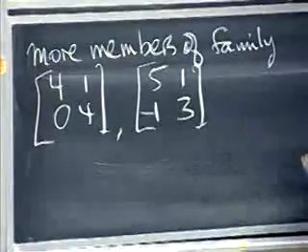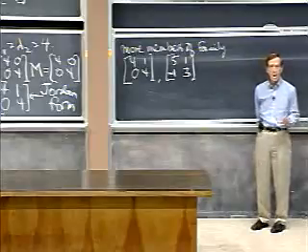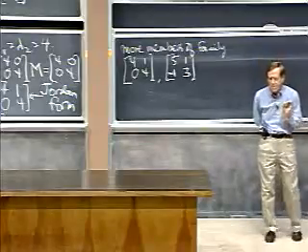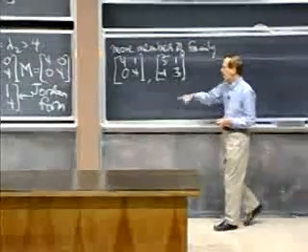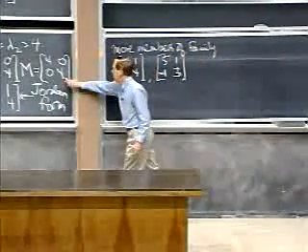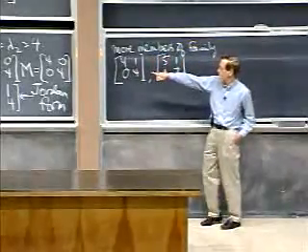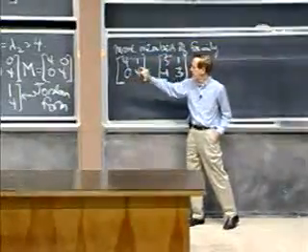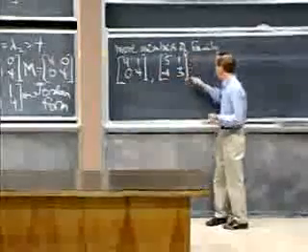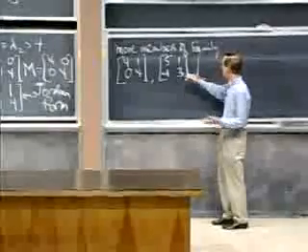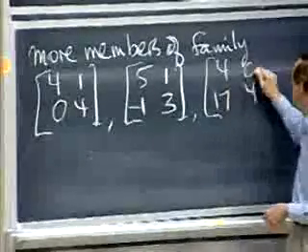And I don't think it's diagonalizable. Do you know why it's not diagonalizable? Because if it was diagonalizable, the diagonal form would have to be this. But I can't get to that form because whatever I do with any M inverse and M, I stay with that form. I could never connect those. So I can put down more members. Here's another easy one. I could put the 4 and the 4 and a 17 down there.